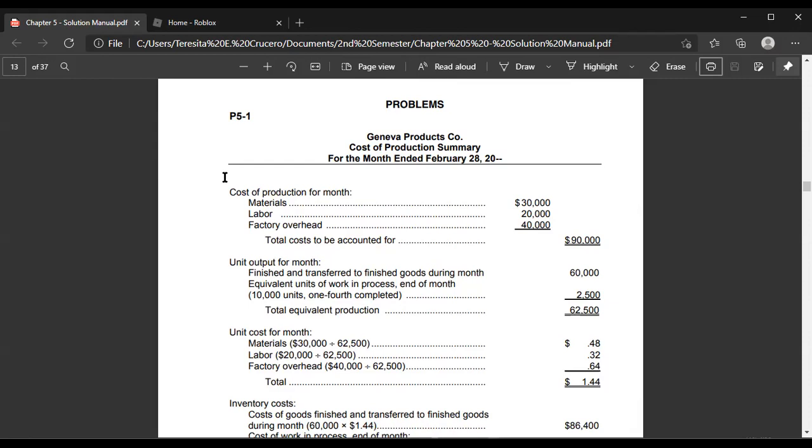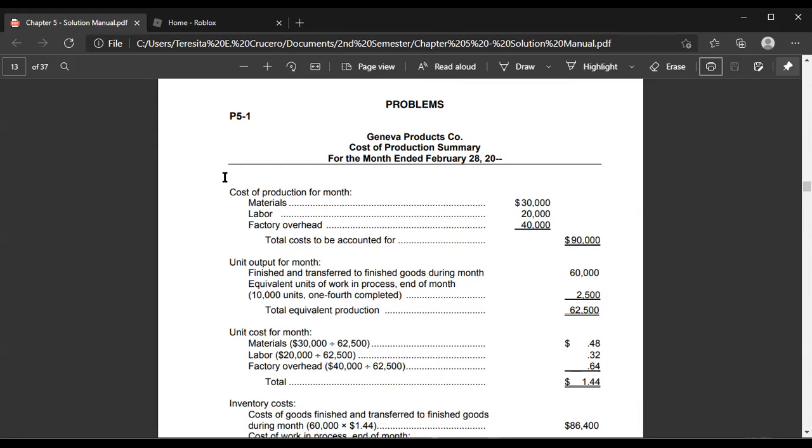So we have now the cost incurred during the month for materials, labor, and factory overhead. And we have now the production report for finished and transferred to stockroom 60,000 units, and in the ending inventory of 10,000 units. So in other words, you have total units to be accounted for of 70,000 units.